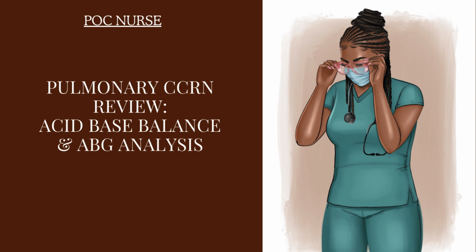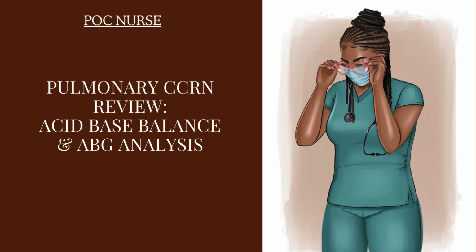So it's important to help keep the patient's acid base balance as close to normal as possible to keep the patient alive, basically. We talked about the two major parameters that are used to determine acid base balance. We talked about the respiratory parameter, which is the CO2. We talked about the metabolic parameter, which is the bicarbonate.